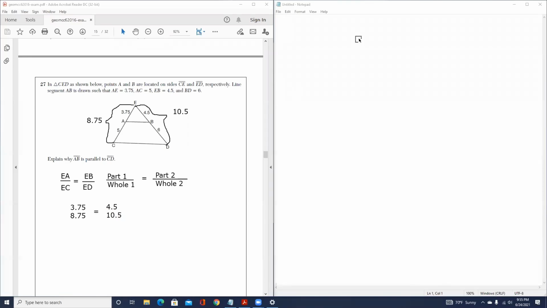If you plug both of these fractions into your calculator, we'll find that yes, they are equal. So therefore, triangle CED is similar to triangle AEB.